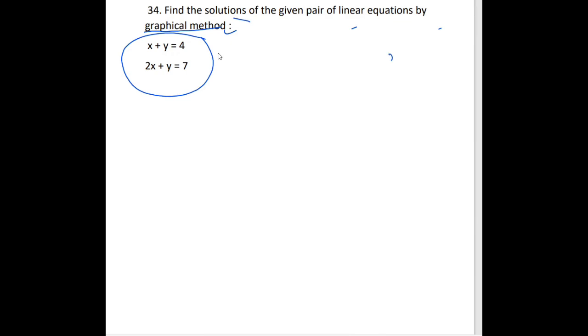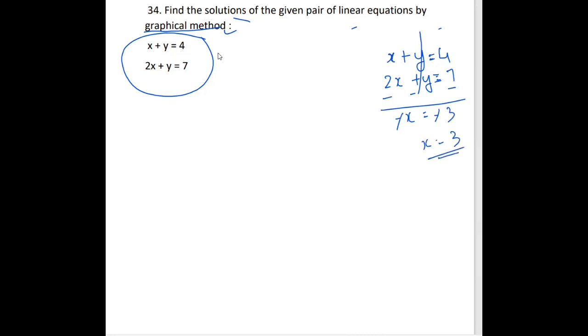First take a pencil and do elimination somewhere. How to do elimination? Change sign, change sign. y and y cancel. So x minus 2x is minus x, 4 minus 7 is minus 3. Minus minus cancel. x equal to 3.